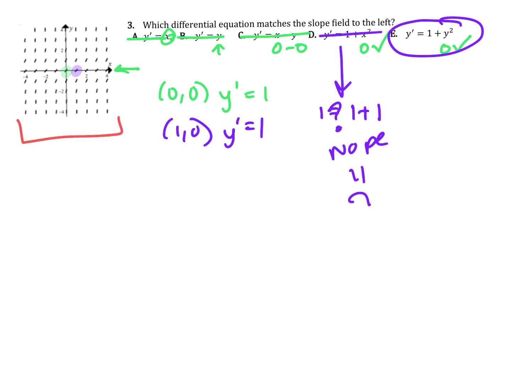Okay, so let's recap what we covered in this video. We talked about how a slope field is a visual representation of the solutions of a differential equation and how we can use that to sketch curves so we can get an idea of what the solution looks like. We talked about how slope fields are most commonly used to help us approximate or get an idea of what's going on in a differential equation that we can't solve using the method that we learned in the section before this.